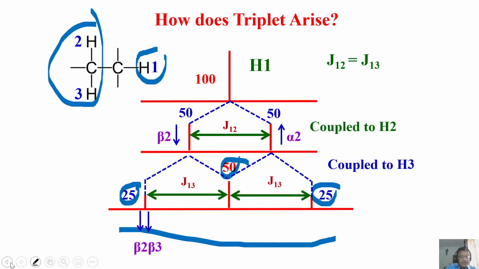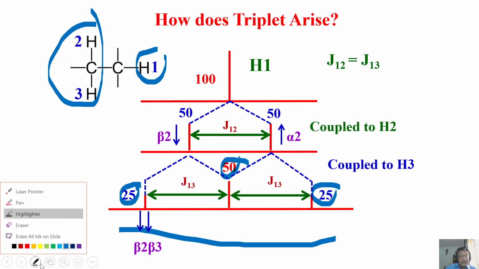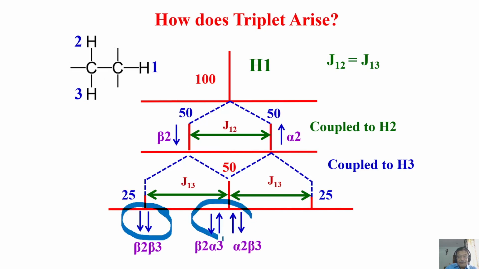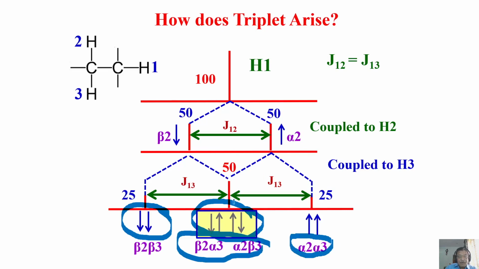Now this can be understood with a different logic. What is this logic? These two correspond to the beta-beta orientation, and here there are two possible orientations, alpha beta and beta alpha. They overlap and give us 2 intensity. Now this corresponds to alpha alpha. This is only 1 intensity. See, this is 1 intensity, these two are the same, overlap and give twice the intensity, and this is 1 intensity.